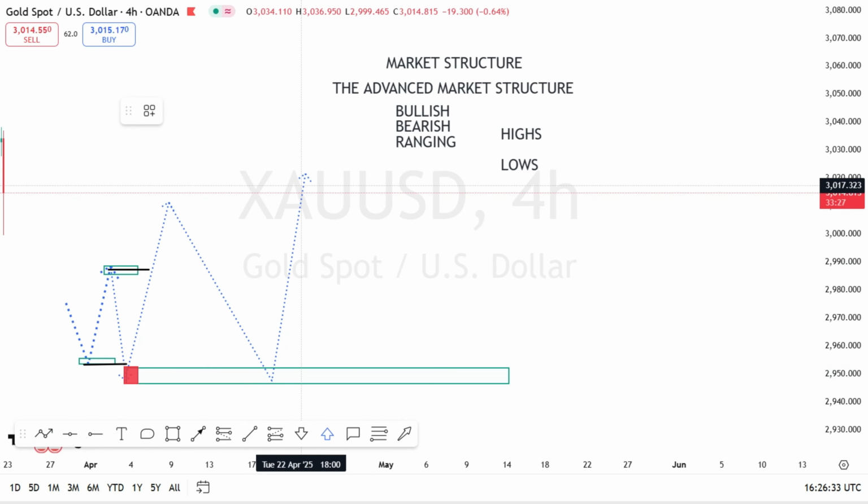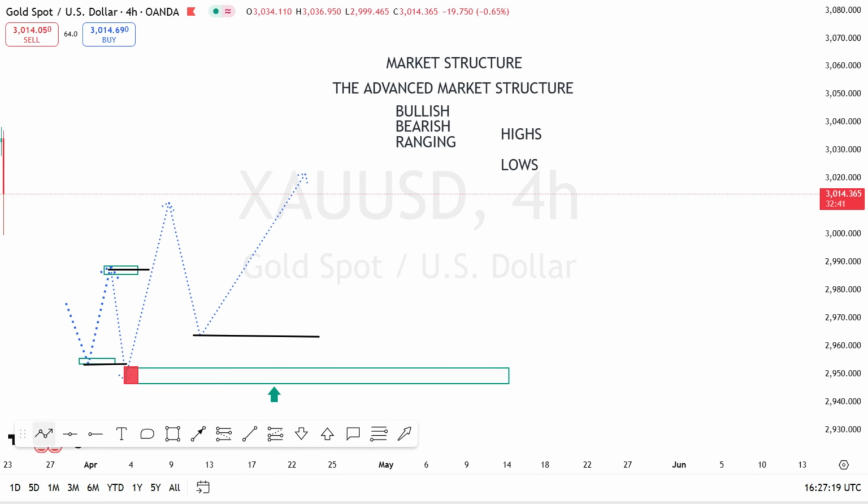The market will not just come down to mitigate the zone. It will fail at this point. Once it fails to mitigate the zone, the failed pullback is termed as liquidity.